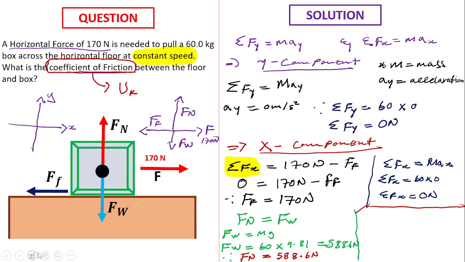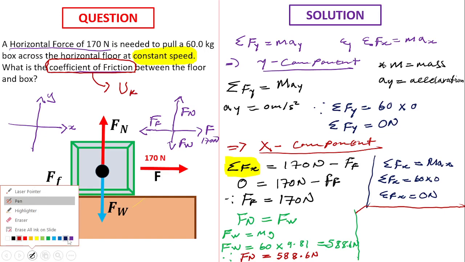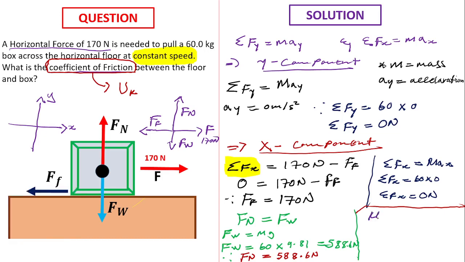The formula of the coefficient of friction, mu k, is simply equal to the force of friction over the normal force. This is the formula you need to understand when finding the coefficients of friction.